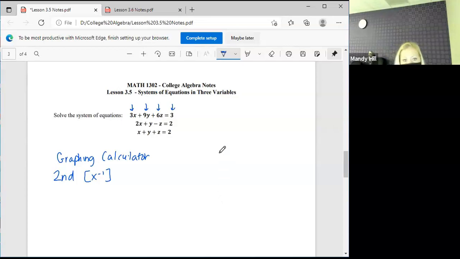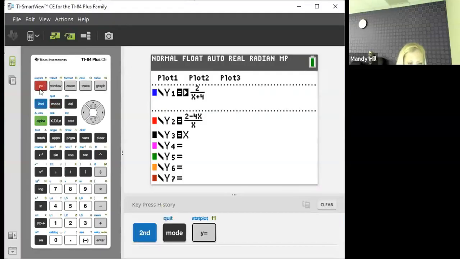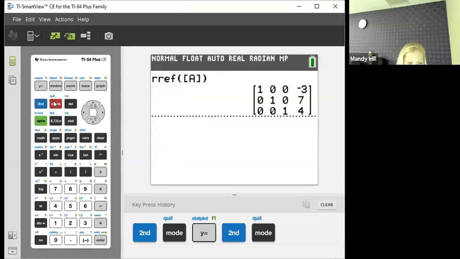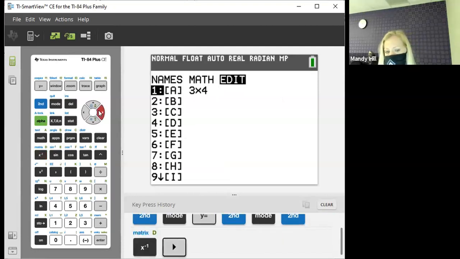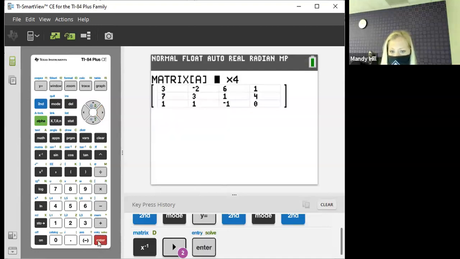After you hit second X -1, you're going to scroll over to edit, and you're going to hit enter.